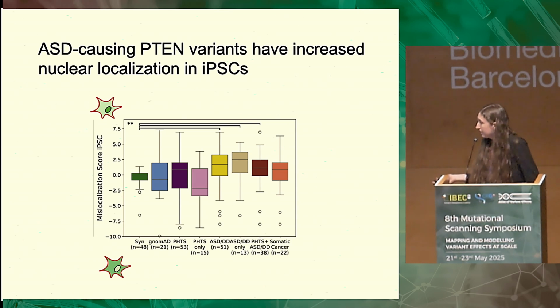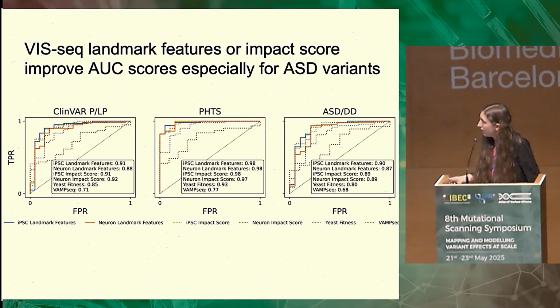So then we wanted to see, more broadly, how our data allows us to compare between pathogenic and these different diseases. Shown here are 3 different ROC curves, where the first one is just ClinVar pathogenic versus likely pathogenic, then tumor syndrome, and then lastly ASD on the right here. One thing I wanted to highlight is that across all 3, we saw a slight increase if you compare to abundance or phosphatase activity from the yeast data set.